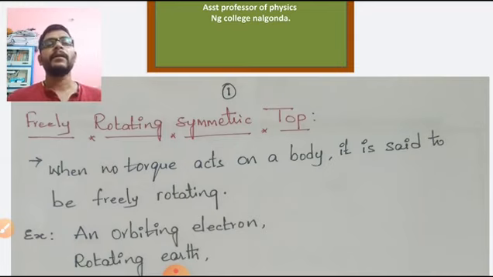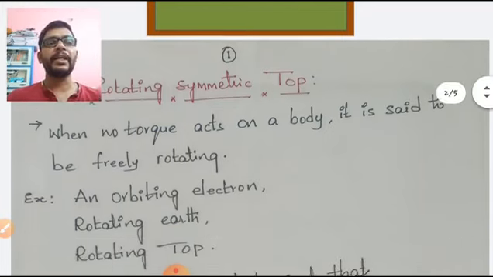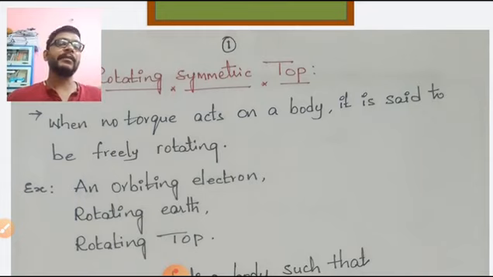And we know that the rotating earth, no force is acting on the earth, it is rotating about its own axis, and also it rotates around the sun. Next, a rotating top. These are the examples.